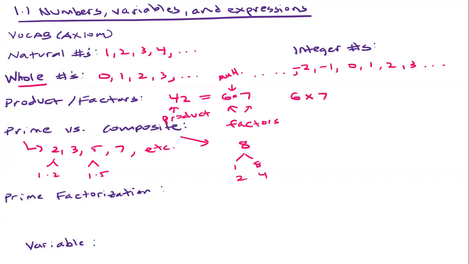So 8 is a composite number, such as also 10 or 12. What about 13? Would 13 be a composite number? No, right? Because again, you can only do 1 and 13, and you need more than that. So 13 is a prime number.